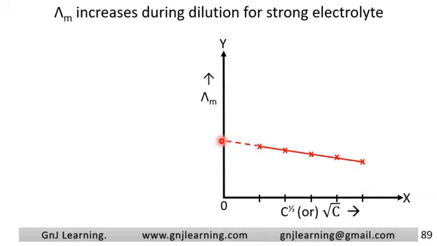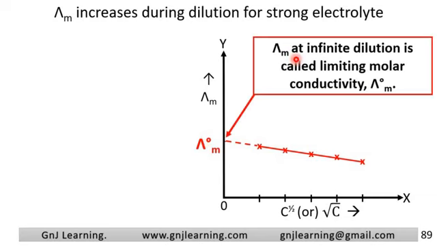Infinite dilution means at 0 concentration, almost 0 concentration. So lambda m will be maximum at this point, and it is known as lambda m0, or lambda m at infinite dilution, called limiting molar conductivity, a new term, represented as lambda m0. The 0 means at 0 concentration or infinite dilution.